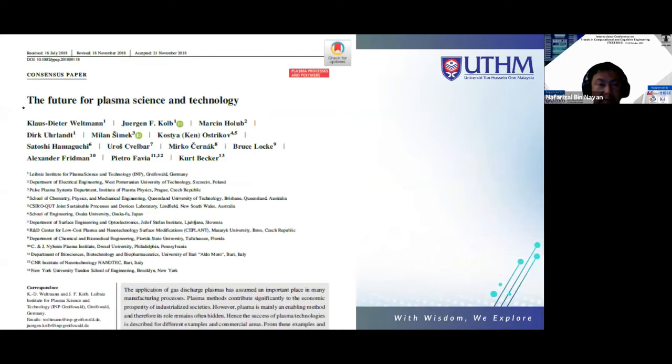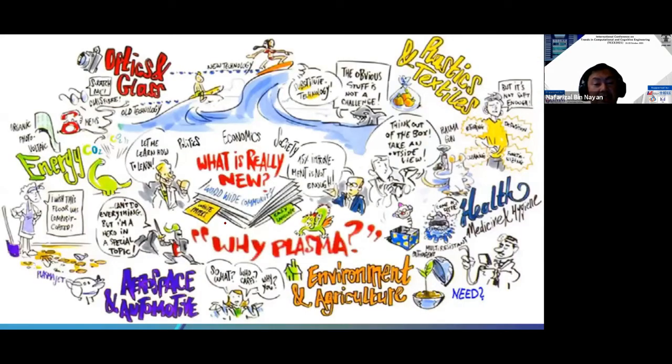Okay, and we can also now see another article that discusses the future of plasma science and technology, where the article tries to discuss other applications of plasma, not only for the semiconductor industry, but also for other applications such as environment and agriculture. We can use plasma for aerospace and automotive, which is quite a common one.